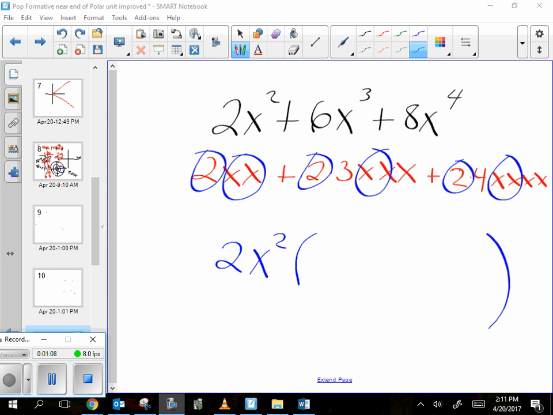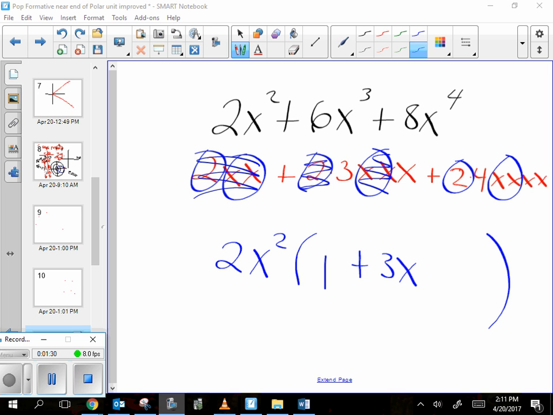And then did you remember to cross off those? And what if there's nothing left? Then you have to have a placeholder of a what? 1. Whenever something just cancels out completely, replace it with a 1. This cancels out, there's a 3 and an x left.